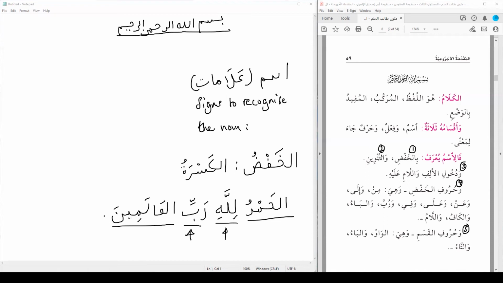Then the author says, what about tanween? So the first sign was khaft. The second sign is tanween.